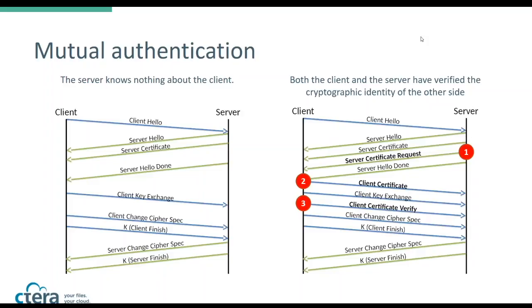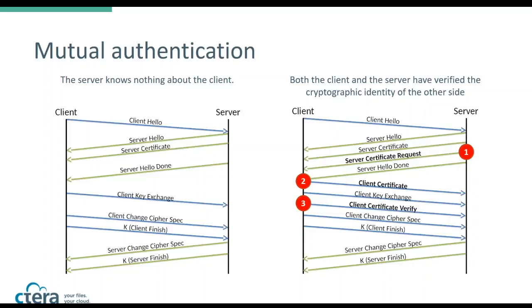So not only for the client to know the server, but also the server assures that it's communicating with the appropriate sanctioned client. We can see those additions to the handshake. These are pretty trivial. As part of the server identifying the client, it will ask for the client certificate.